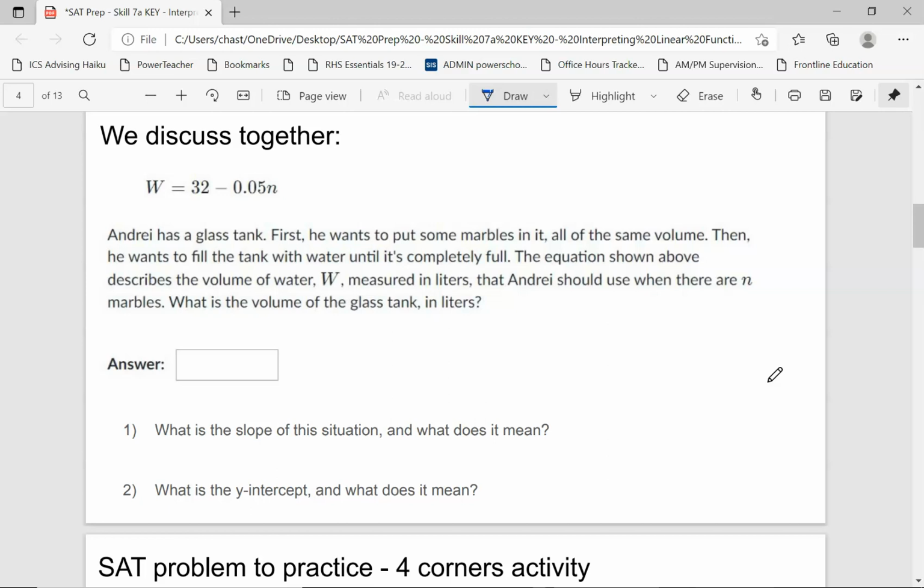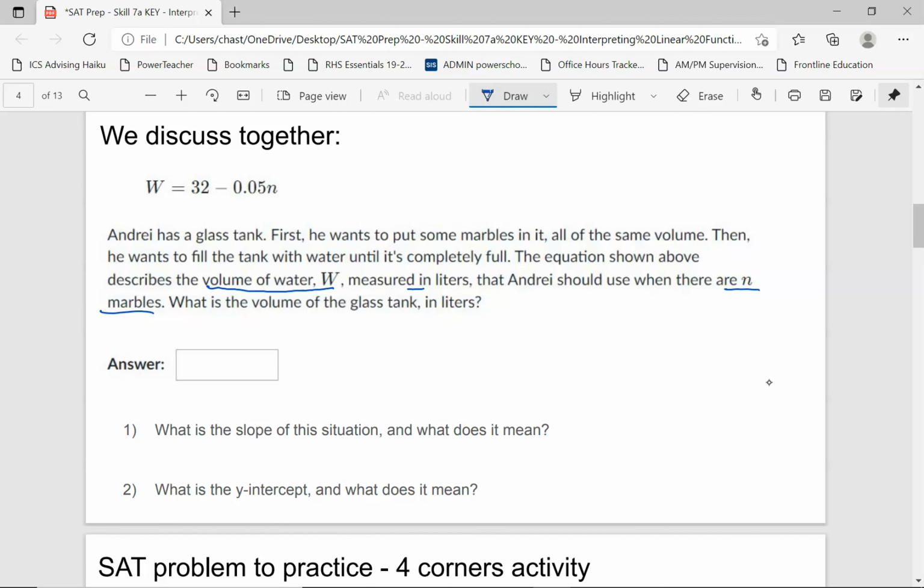All right, well, the first thing before we actually go into this is let's figure out the slope of the situation. So we're looking at the variables that contain volume of water, W, and we are talking about measured in, that's just the units on it. We're also talking about the number of marbles. So we're looking at the volume as it's related to the number of marbles, okay?